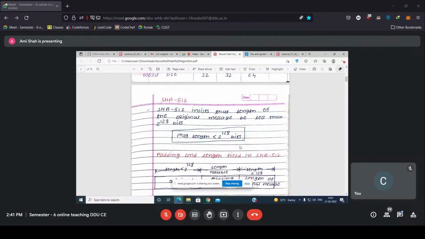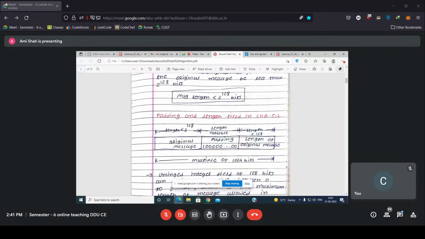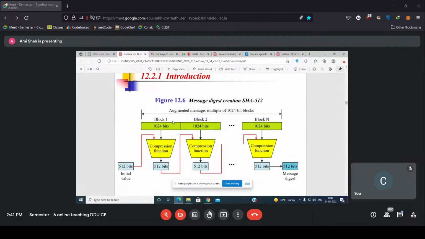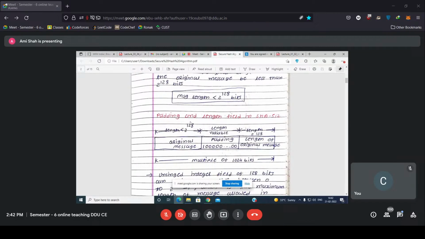Now, what is the padding and length field in SHA-512? All of you know that in SHA-512, as you see in this figure, the block consists of 1024 bits, meaning it is a multiple of 1024 bits.